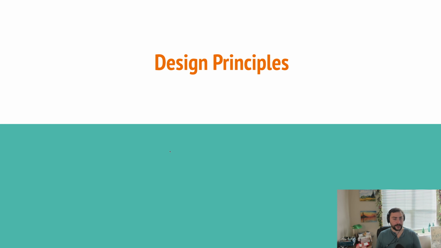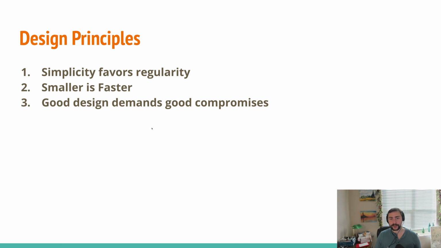Okay, so before we wrap up, we should talk a little bit about some of the design principles we have when we're thinking about our instruction sets. So number one is this idea that simplicity favors regularity. Our hardware can be much easier to implement if we take a fairly regular structure to our instructions. For example, if all of our instructions have 2 operands and 1 result, that allows us to make our hardware more simple. Another one of our design principles is this idea that smaller is faster, right?